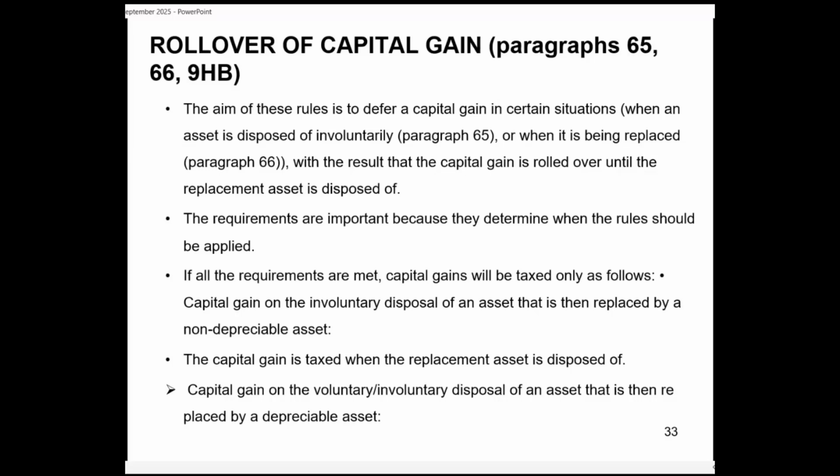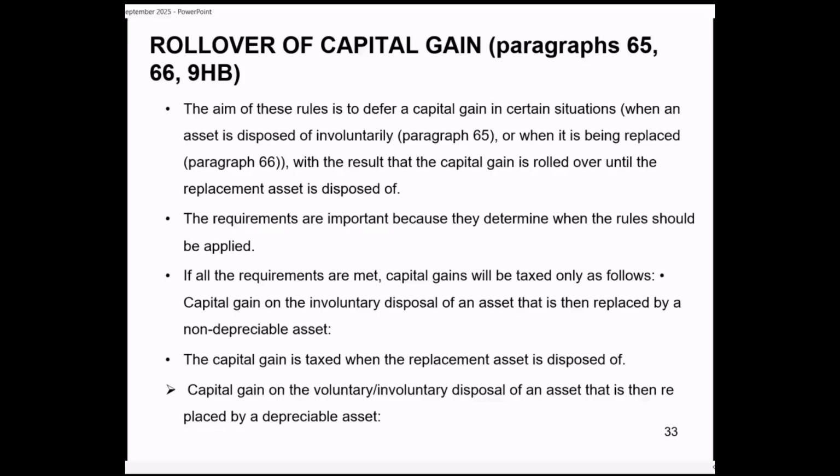Capital gain on involuntary disposal will be in terms of paragraph 65. You need to go through it and understand it to apply the correct rule. Where an asset is disposed of involuntarily and is then replaced by a non-depreciable asset, the capital gain is taxed when the replacement asset is disposed of.